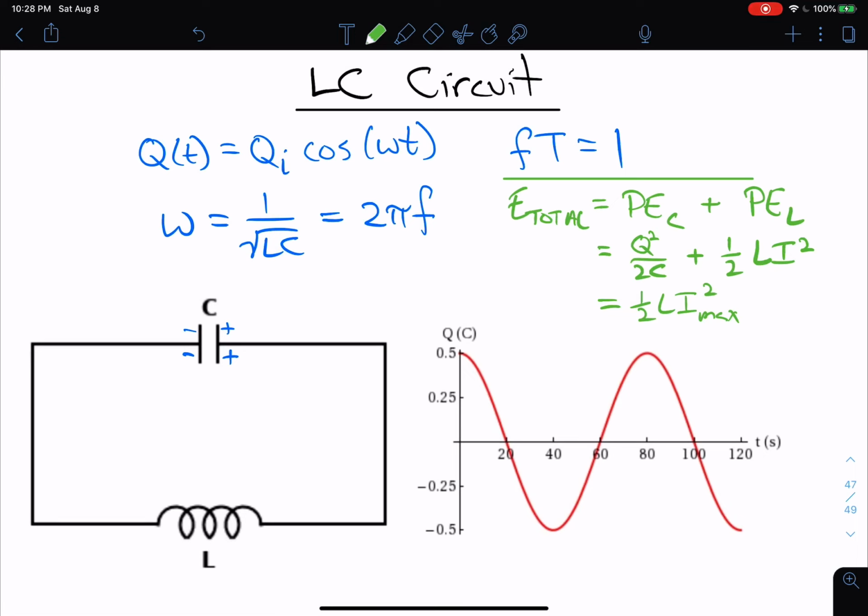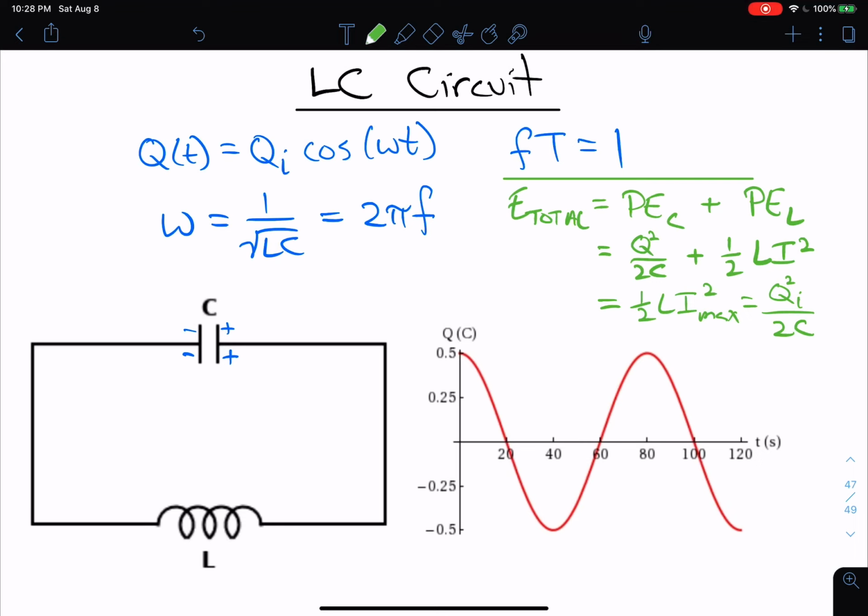So there we go. We can also look at the situation where there's no current. In other words, when the charge is maximized, and that is, to be more precise, the initial charge. And so at that moment, all the energy is in the capacitor, and we get Qi squared over 2C.